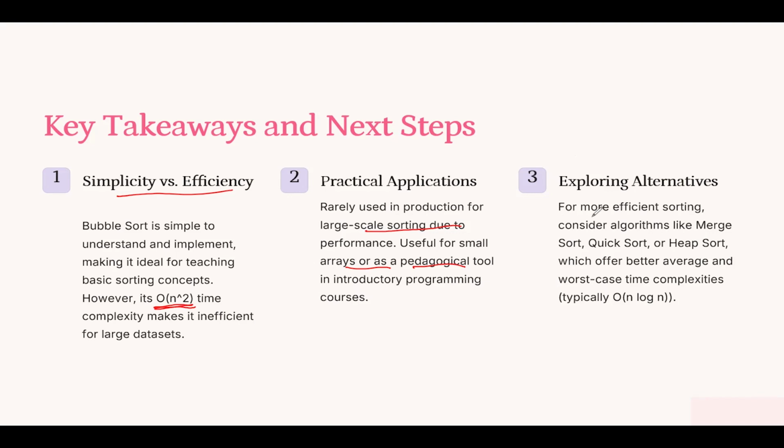For more efficient sorting, consider algorithms like merge sort, quick sort, or heap sort, which we are going to learn in the coming sessions, which offer better average and worst cases. Compared to those, bubble sort is not that efficient.